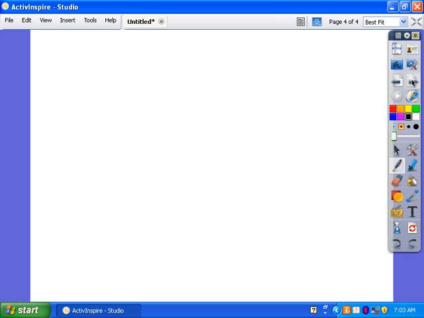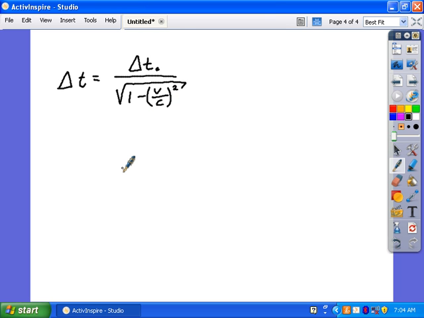Okay, now let's look mathematically at what happens here. The basic equation is the change in time is going to equal... okay, this is the generic equation right here.